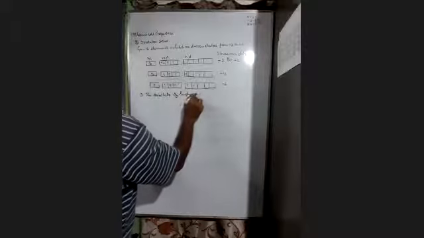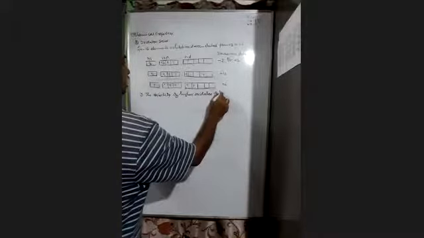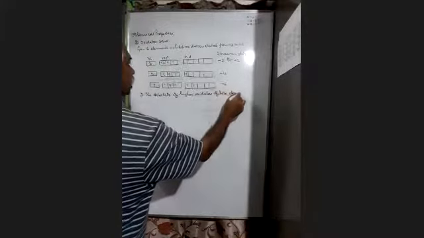So now we have to write something here. We'll find the stability of the higher oxidation state of these elements decreases down the group.